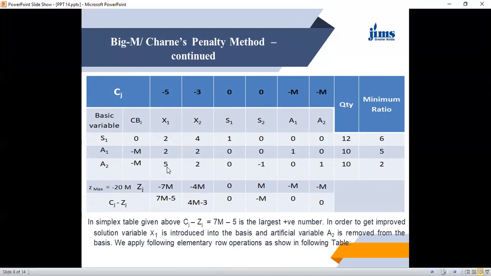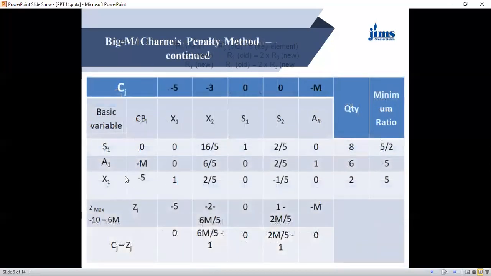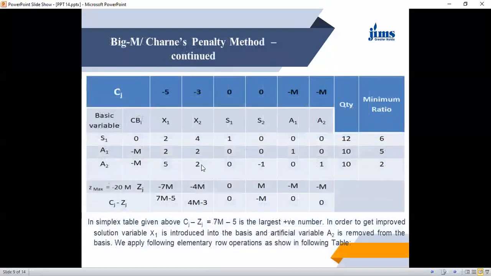So in the next iteration, what do we do? First, S1 will remain, A1 will remain, and A2 will be replaced by X1. X1 has a contribution of -5m, A1 has a contribution of -m, and S1 has a contribution of 0.